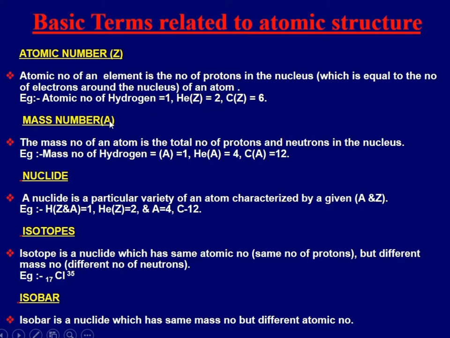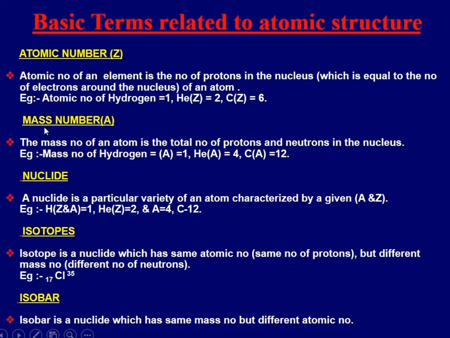Now let us discuss what mass number is. Mass number is denoted by A. As we all know, the mass of the entire atom resides inside the nucleus, right? And the particles present inside the nucleus are protons and neutrons.